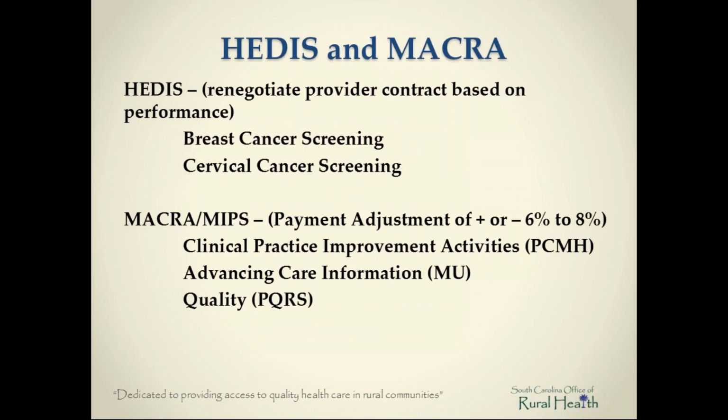For those of you that are preparing for the Merit-based Incentive Payment System and lining yourself up for that, these services also give you a payment adjustment for providing those services. So these, again, are practical examples of such.